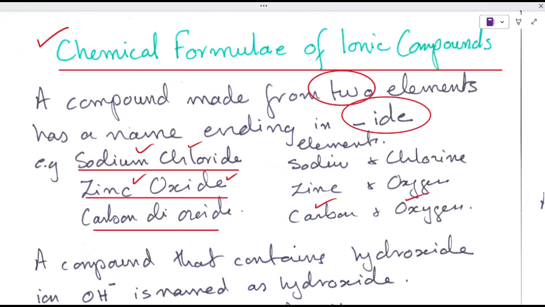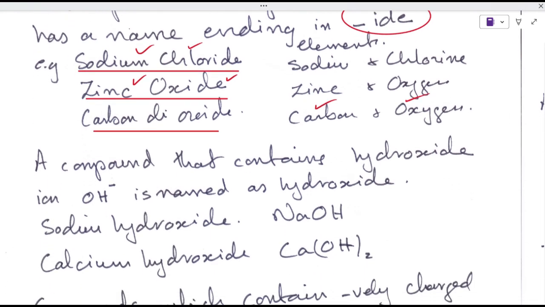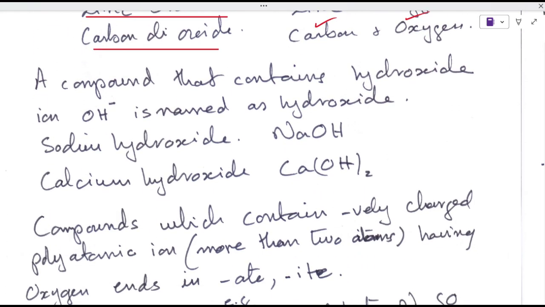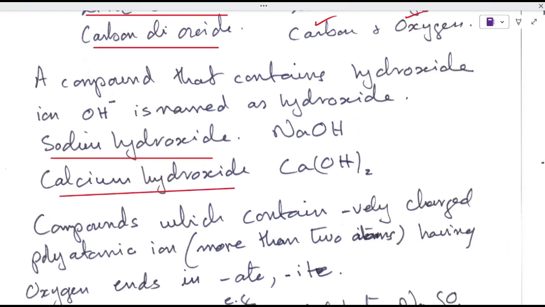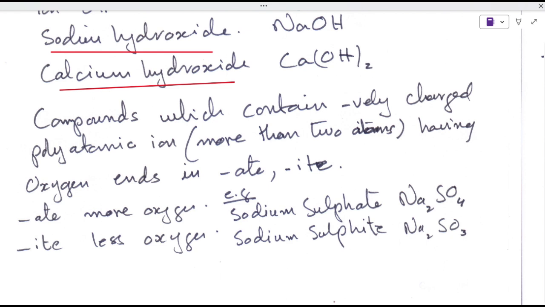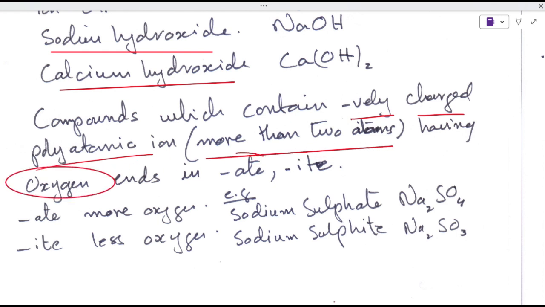A compound that contains the hydroxide ion is named as hydroxide: sodium hydroxide, calcium hydroxide. Compounds which contain negatively charged polyatomic ions, polyatomic meaning more than two atoms, having oxygen end in -ate or -ite.